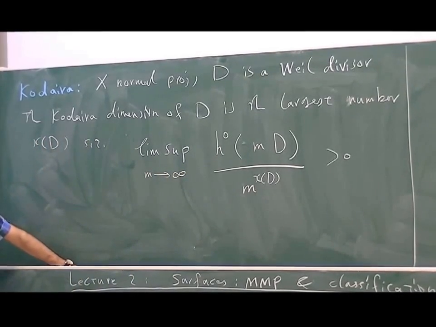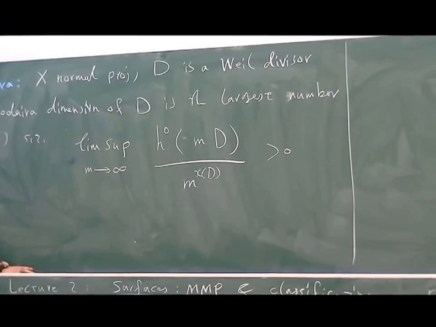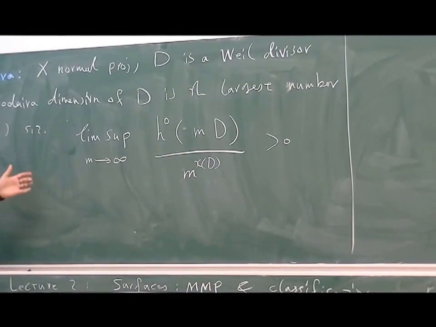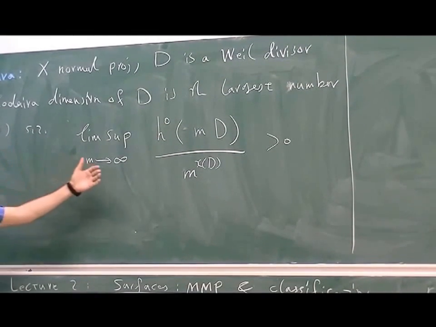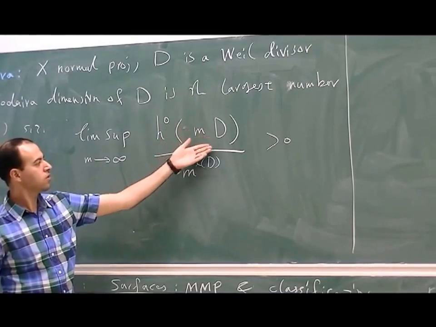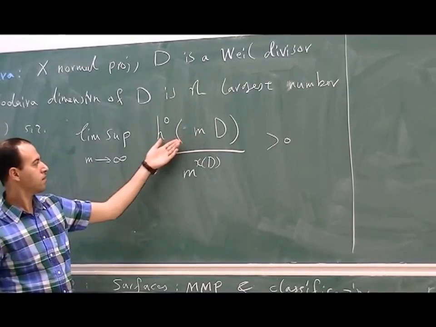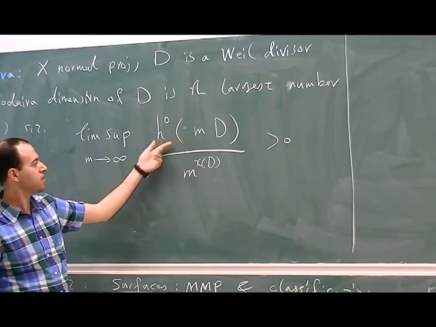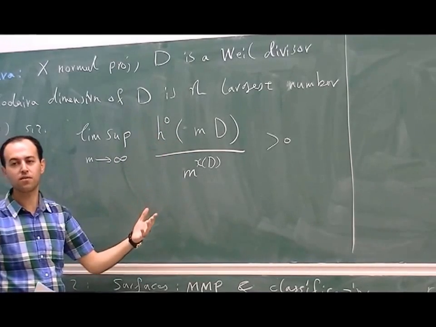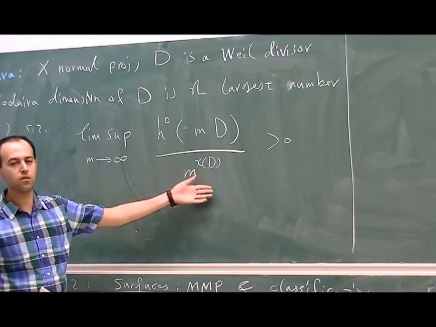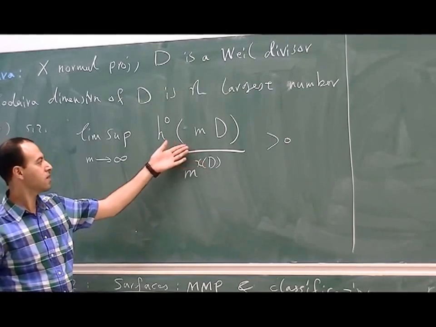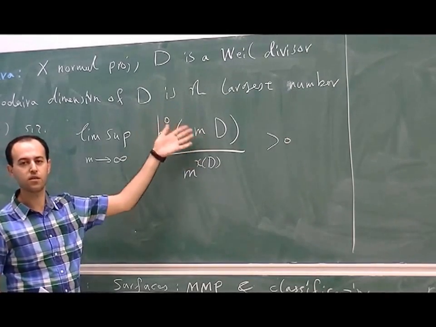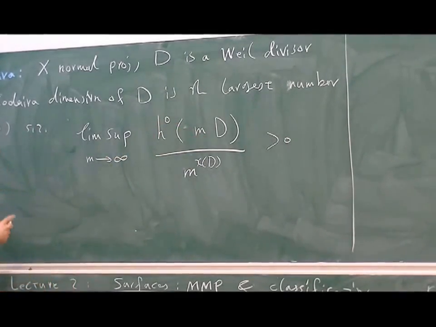So the formula maybe looks a little bit strange, but it actually has a very simple meaning. When you look at all these multiples of D and you look at the sections, the dimension of the space of sections tells you how many sections you have. So the larger the Kodaira dimension means that this grows faster and faster.